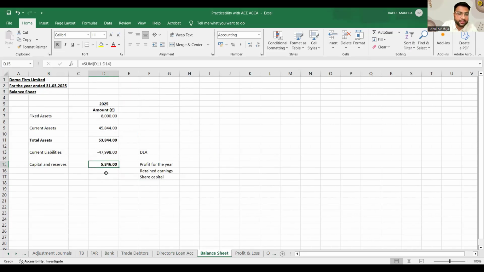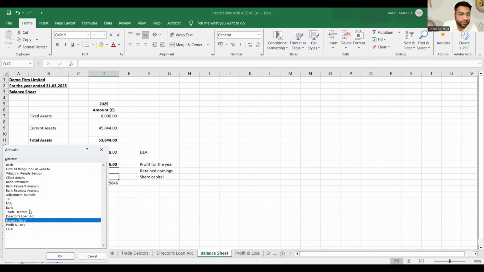So the balance sheet total comes to 5,844 plus £2 of share capital. So it does agree with the adjustment journal posting.